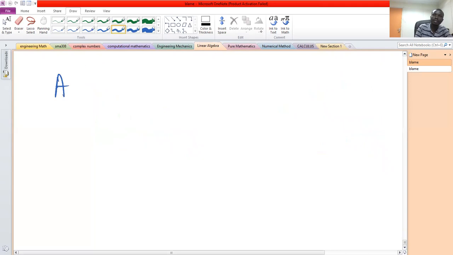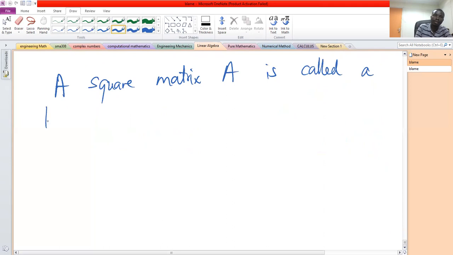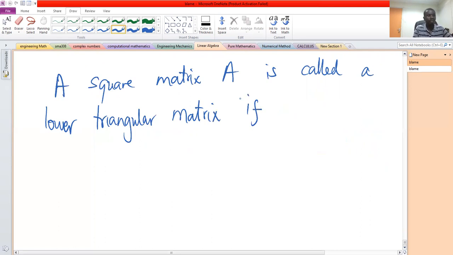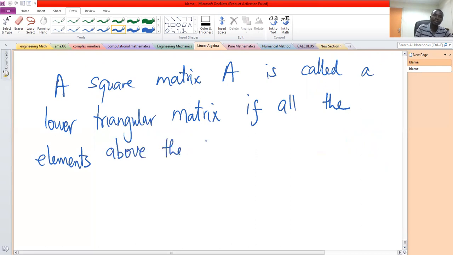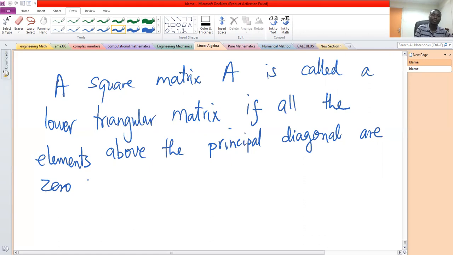And a square matrix A is called a lower triangular matrix if all the elements above the principal diagonal are zeros.